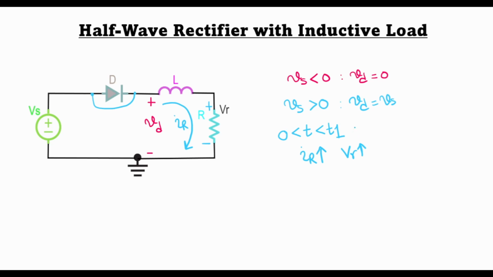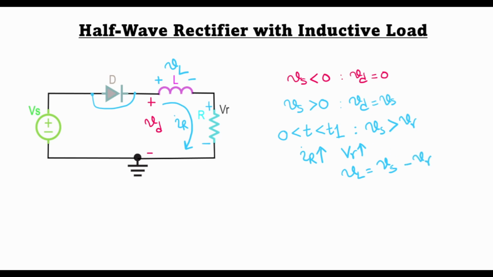But in this duration, the input voltage Vs will be greater than VR, and thus there will be a positive drop VL across the inductance L, since VL is given by Vs minus VR.